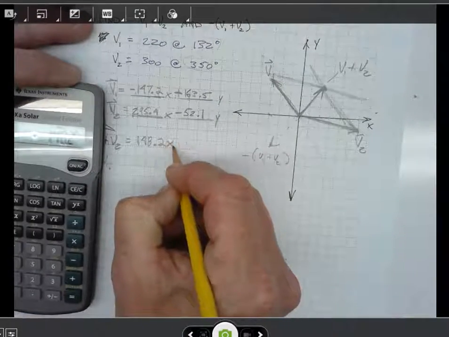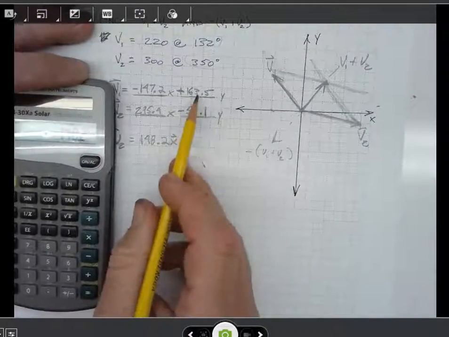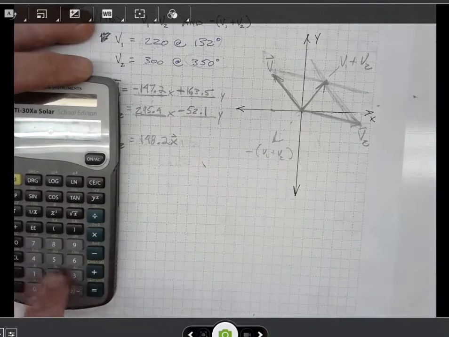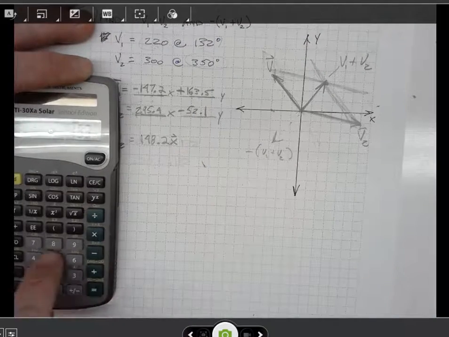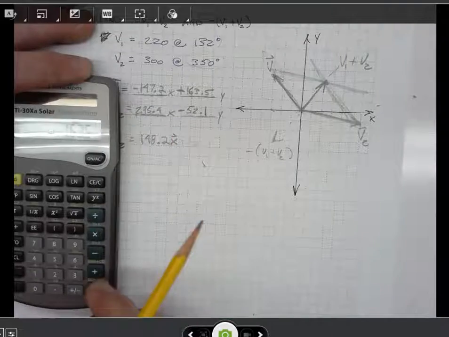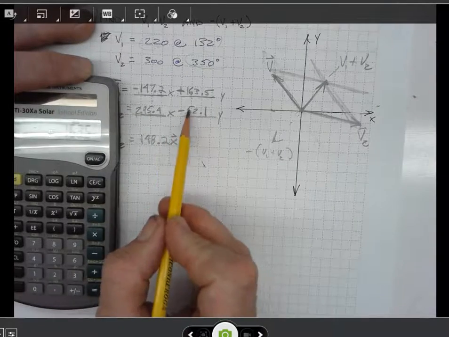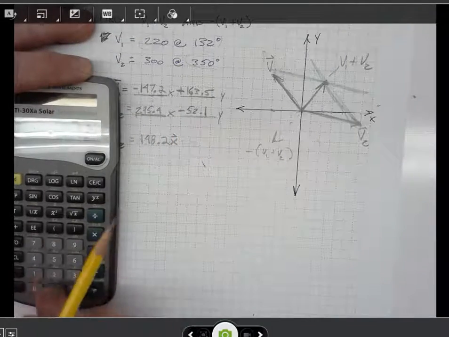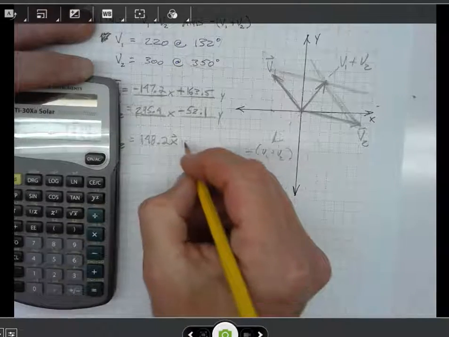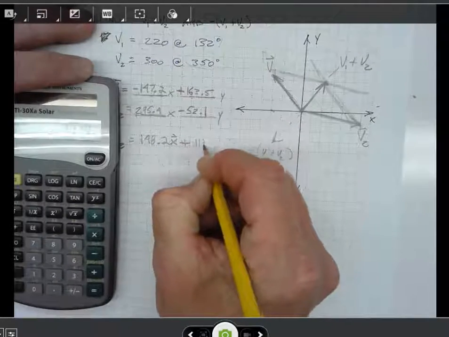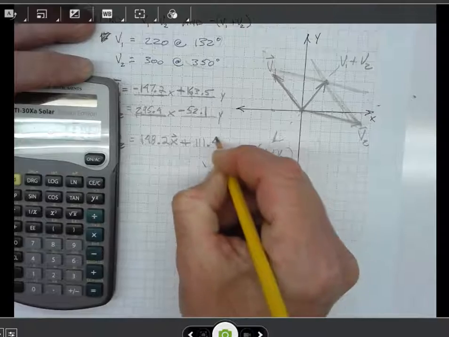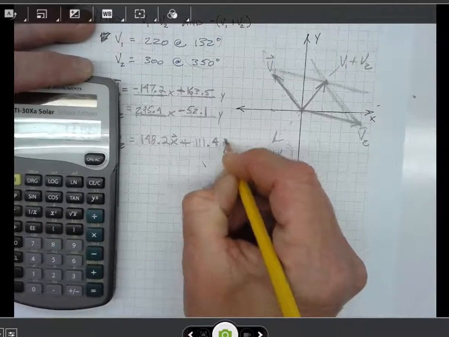That's my x component. And then for my y, I'm going to do 163.5, which is positive, minus 52.1. That's going to get me a positive 111.4 as my y component.